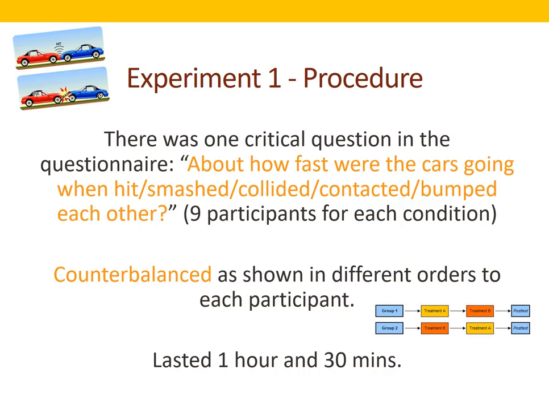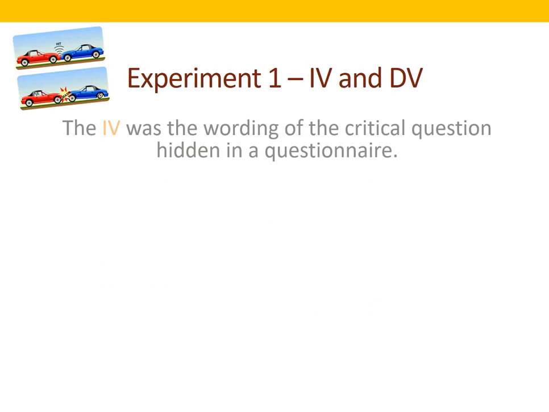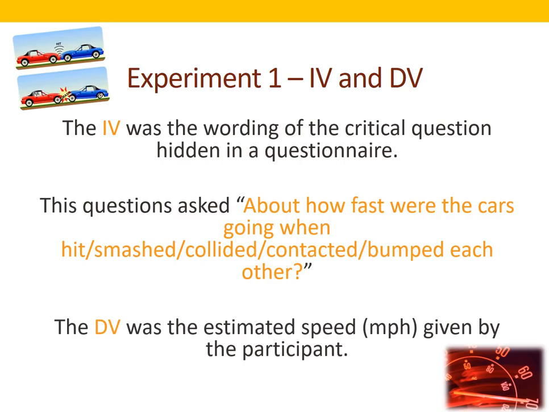Okay, now you've got different IVs and DVs in experiments 1 and 2. So in experiment 1, the IV is the wording of that critical question that's hidden in the questionnaire. So how fast were the cars going when they hit, smashed, collided, contacted, or bumped each other? Okay, and the way that's operationalized is with those verbs, so hit, smashed, collided, contacted, bumped.